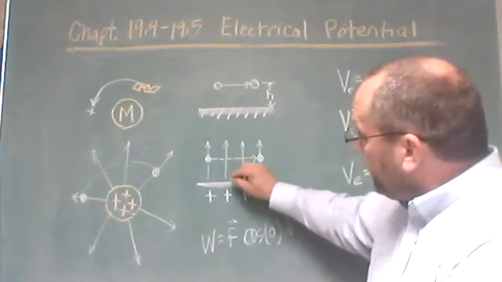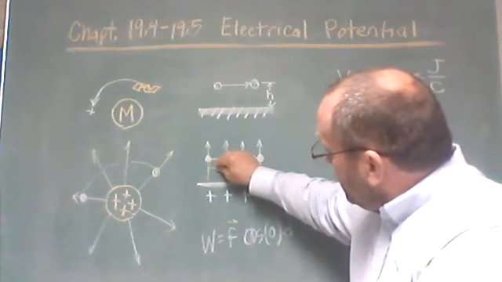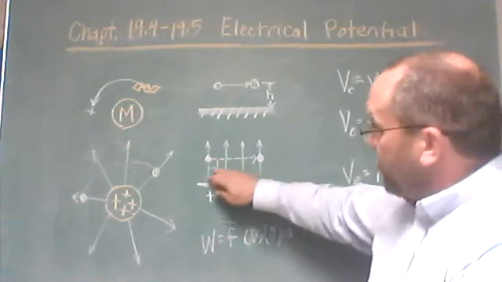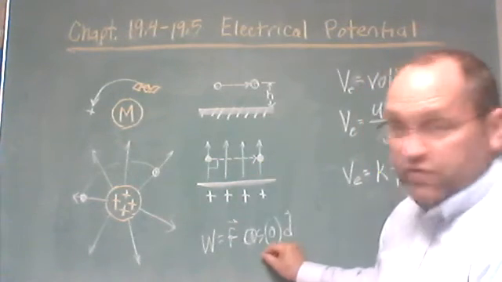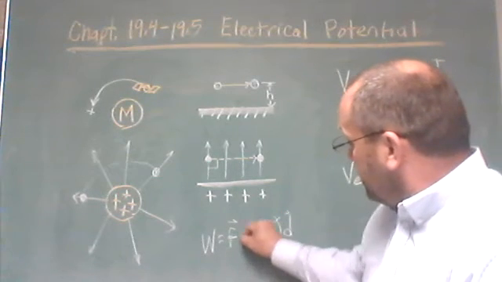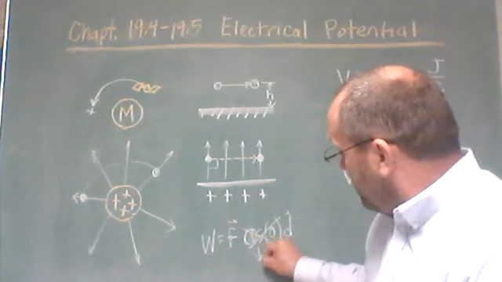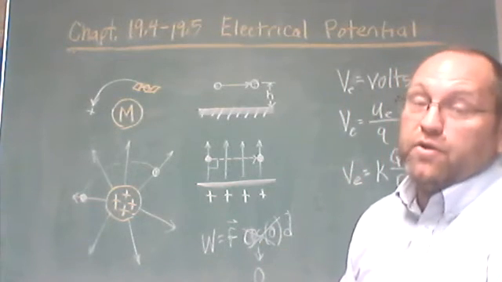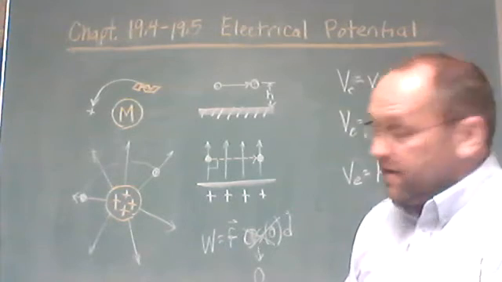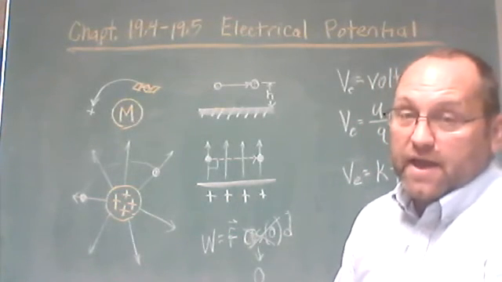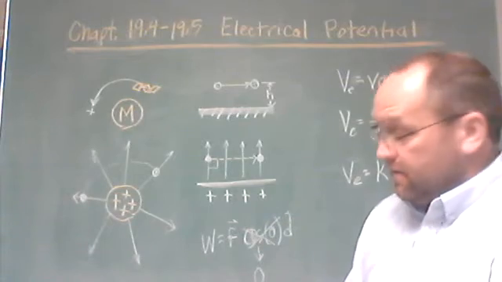Why? Because the displacement of that test charge is perpendicular to the force vectors. Therefore, this cosine term goes to 0. The cosine of 90 degrees is 0. No work done on that. It's the same concept as with gravity.